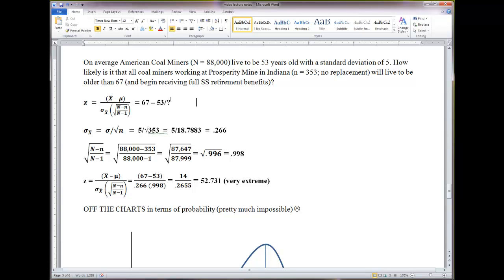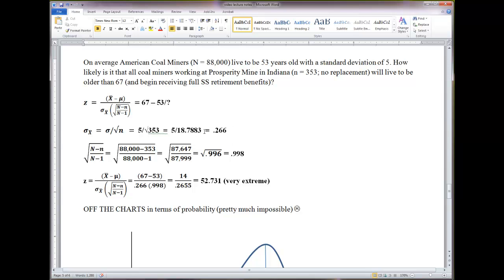So the first step I would do is just find the standard error without the correction. So plug in the standard deviation of 5 here, divided by the square root of the sample size of 353. The square root of 353 becomes 18.7883. So then you're left with 5 divided by 18.7883, and you get 0.266.